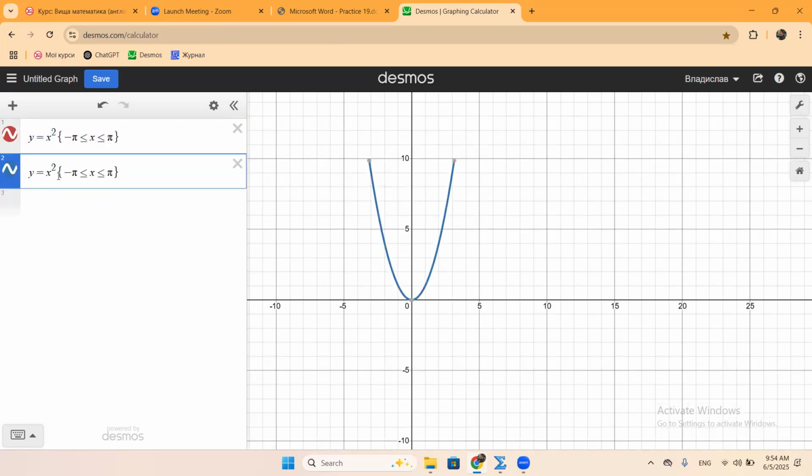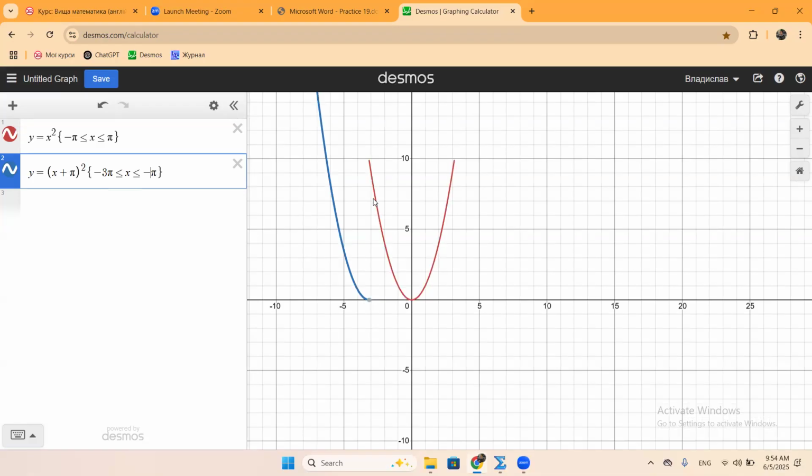So I will shift the graph left, and these bounds are also shifted to the left by the period. Stop.